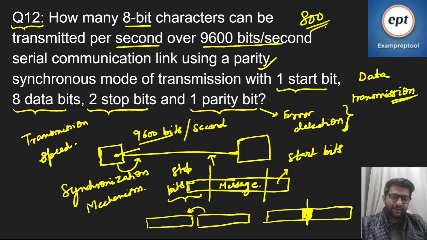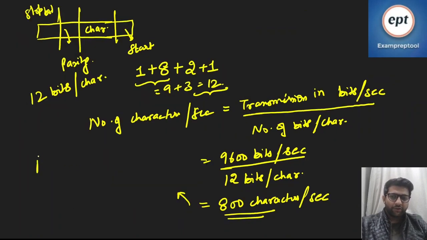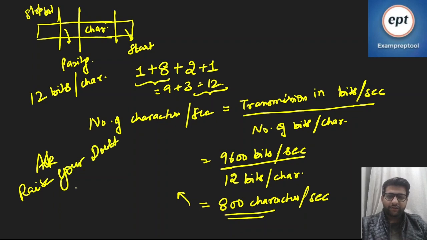So I've explained the concept of transmission in brief here. If you have any doubt with this particular concept, you can go through your notes once, or use the raise your doubt or ask your doubt feature on the app or on the Telegram channel.